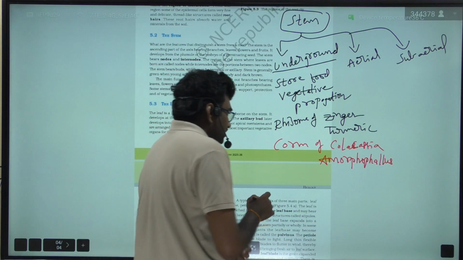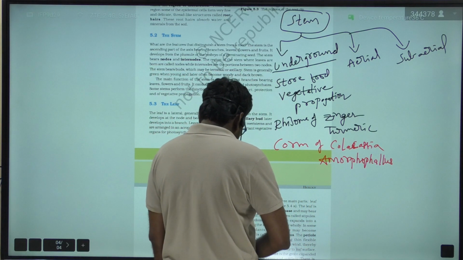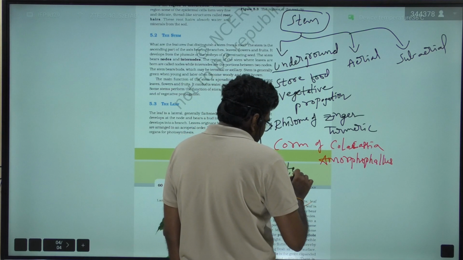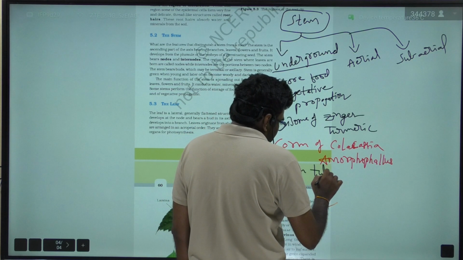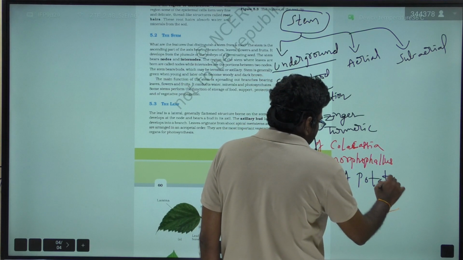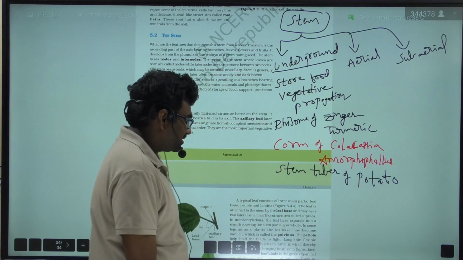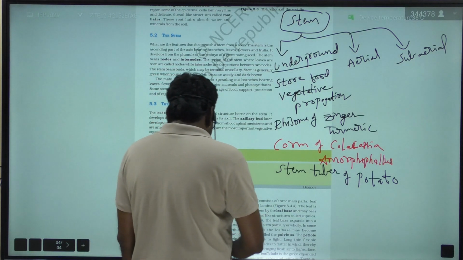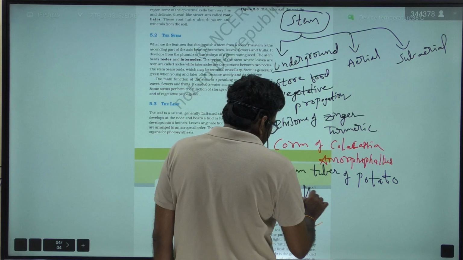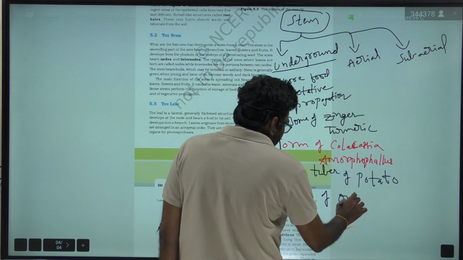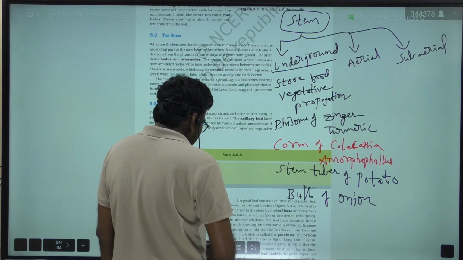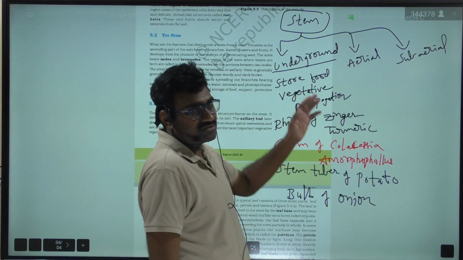Then stem tuber of potato, and bulb of onion. So these are the examples of underground stem modification.